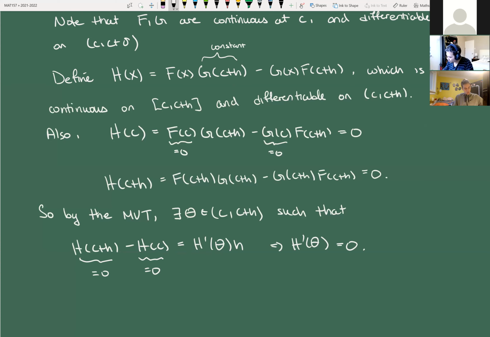But again, H prime, if you look at the definition of H prime way up here, and the fact that F of C plus H is also a constant, it's easy to differentiate this thing, right? It's just going to be capital F prime minus capital G prime.